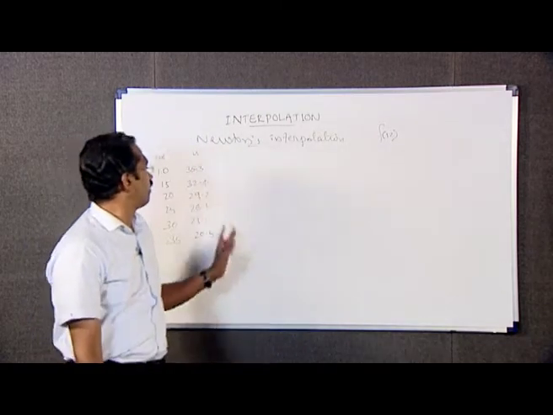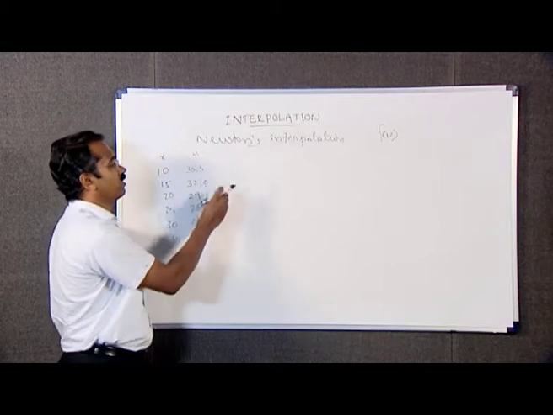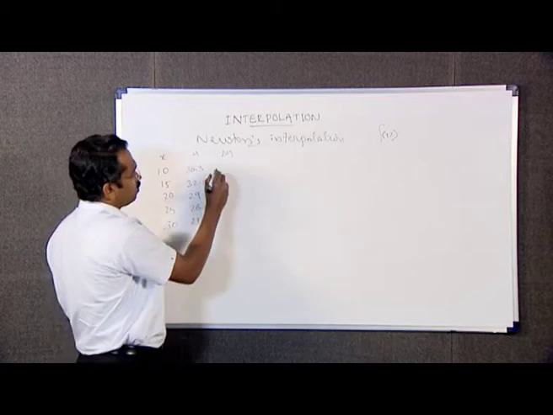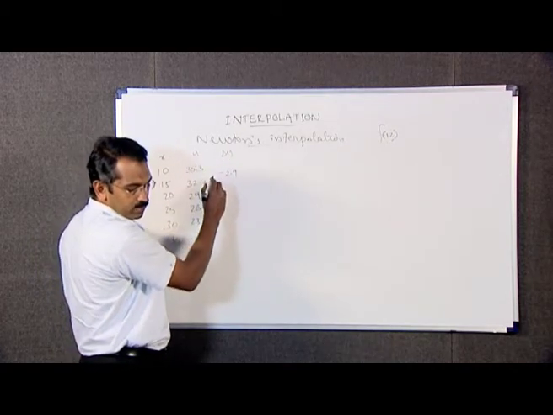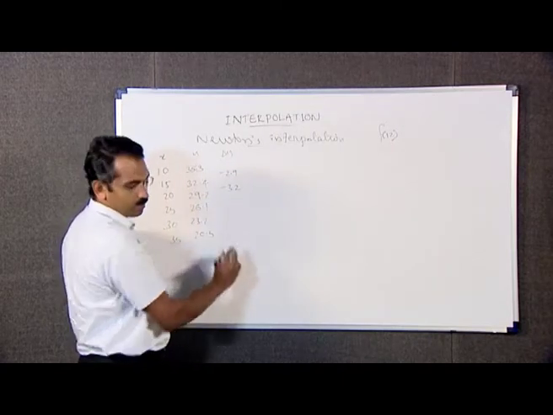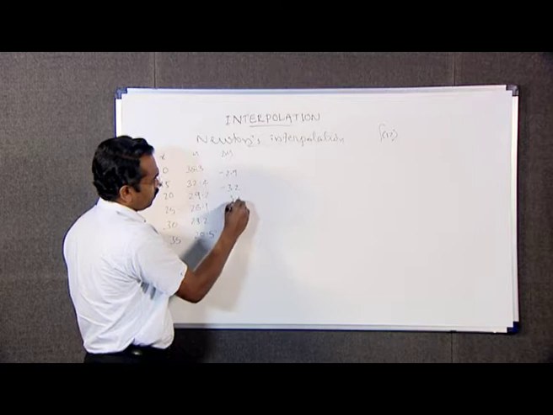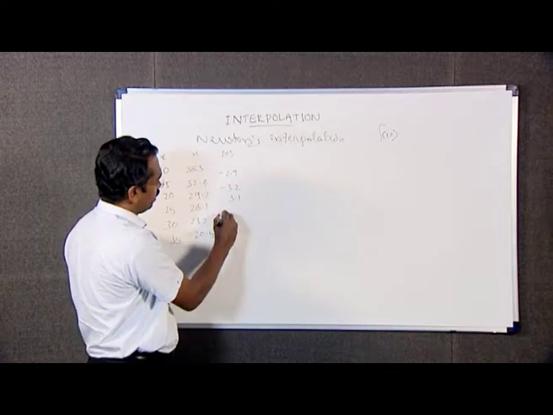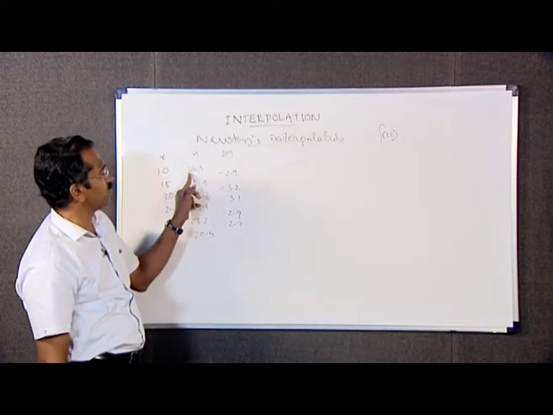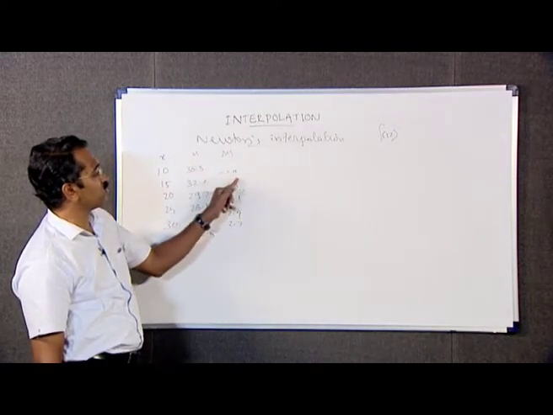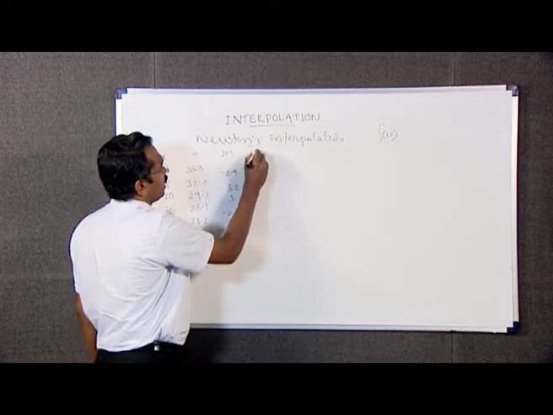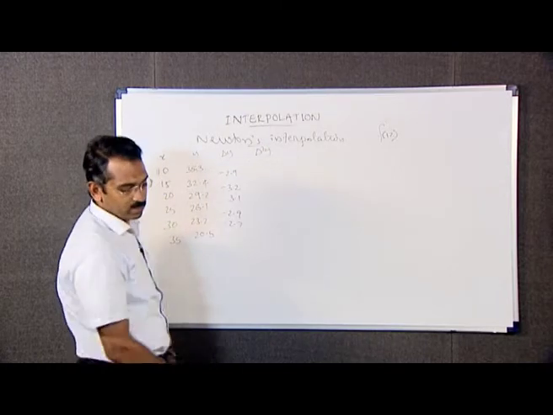First of all, we formulate the forward difference table. The first differences are minus 2.9, minus 3.2, minus 3.1, minus 2.9, minus 2.7. That is, 32.4 minus 35.3 is minus 2.9. We calculate all the first differences, and the second differences are delta square y.